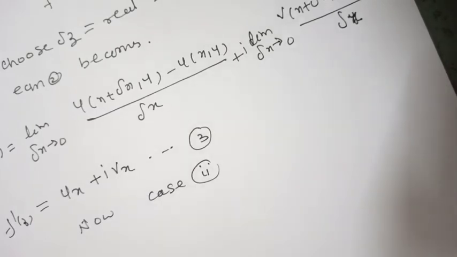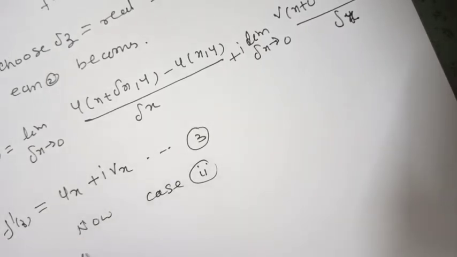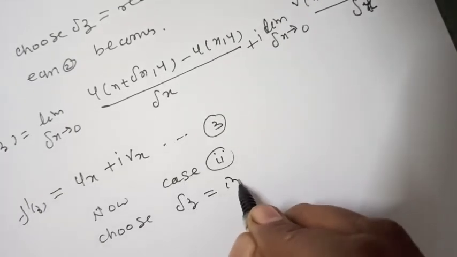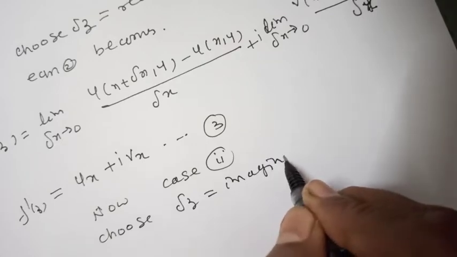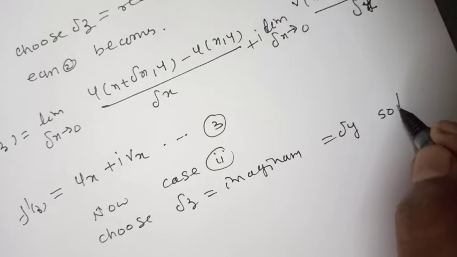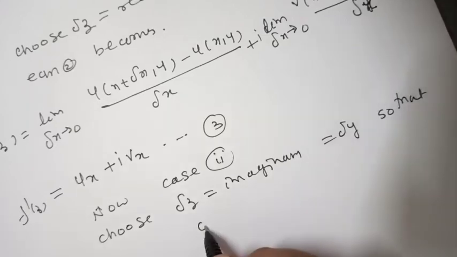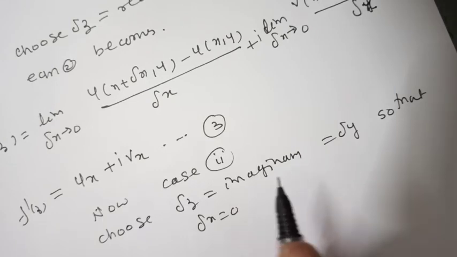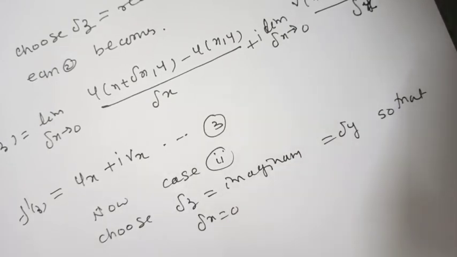Now case 2. Choose delta z to be imaginary, that is delta y, so that delta x is 0.